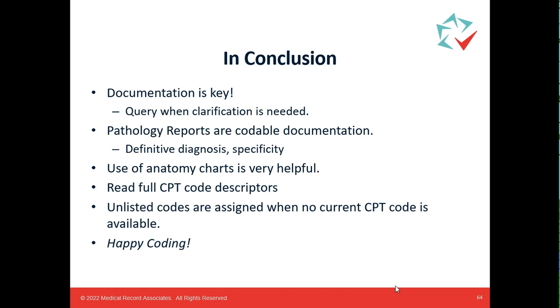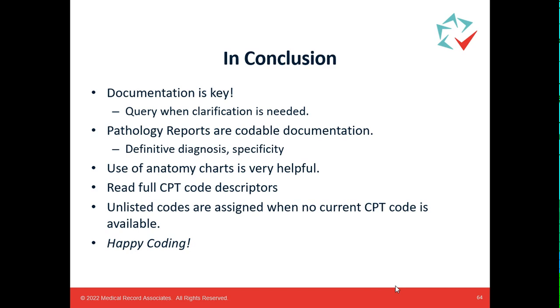Anatomy charts. I find anatomy charts to be so very helpful, especially when you're doing grafting or other kind of tendon procedures. Being able to picture exactly where your physician is can really help you get down to that most appropriate CPT code in some cases. Make sure you're reading those full CPT code descriptors, things for what's included and what's not.